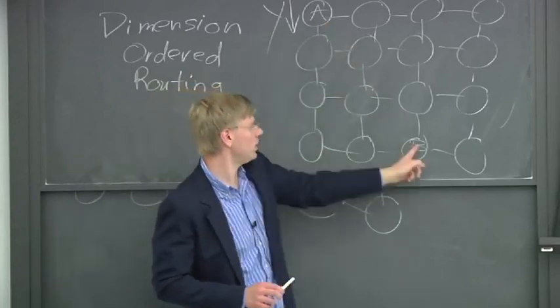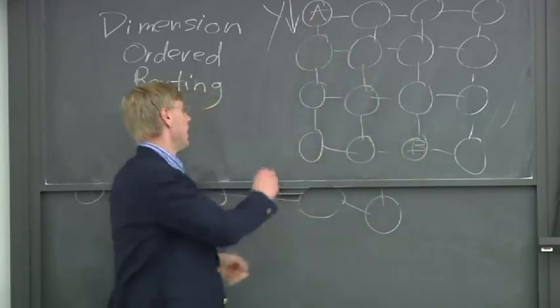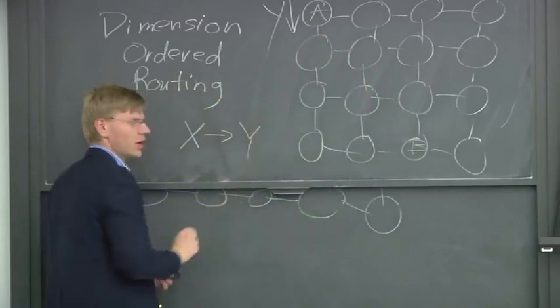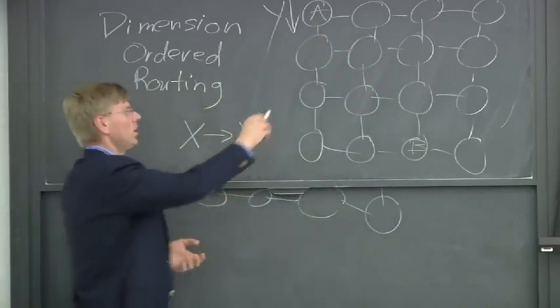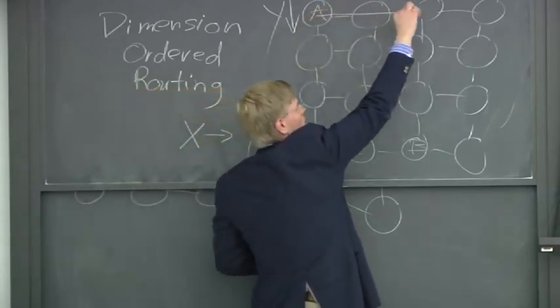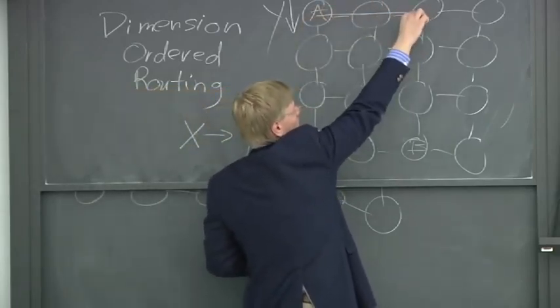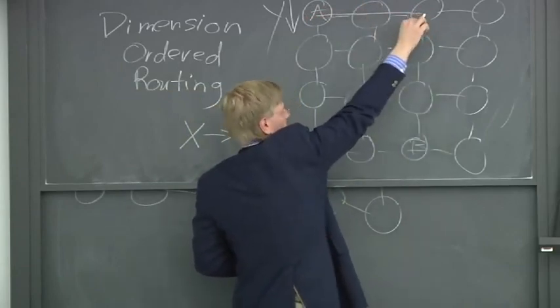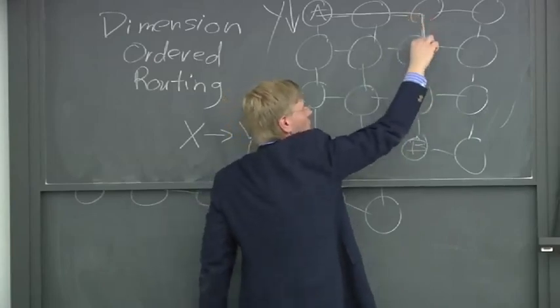So if we want to get from here to here, and let's say we have x, then y as our routing, we're going to route this way from A to B first. So now we've matched our x location to where B is, and then we're going to route down.